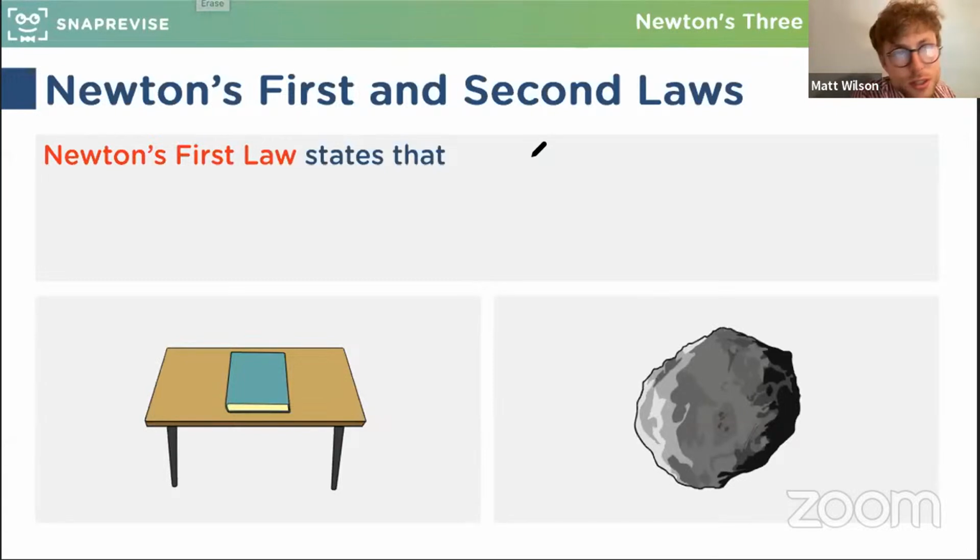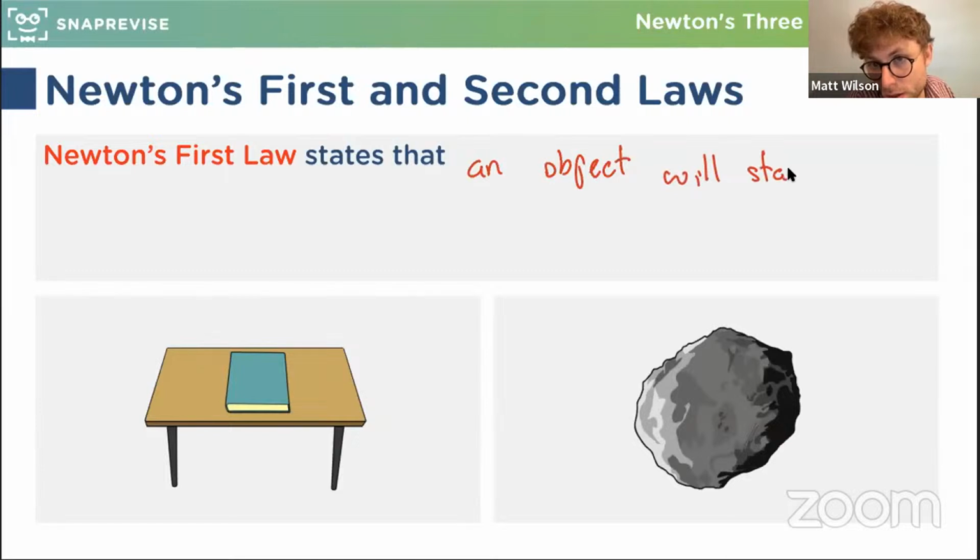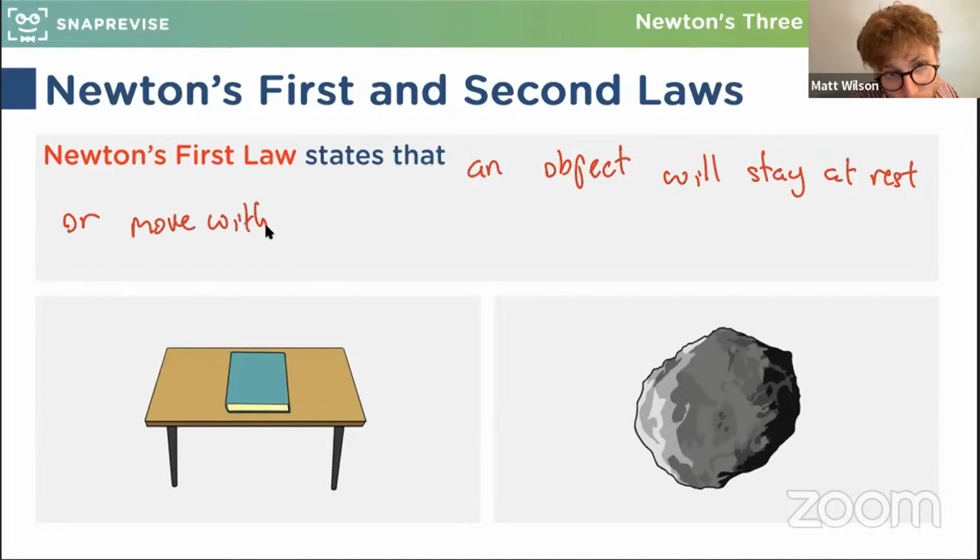So Newton's first law states that an object will stay at rest, or, so there's an or here, or move with a constant velocity. That's maybe the most surprising bit of this law, the constant velocity part.